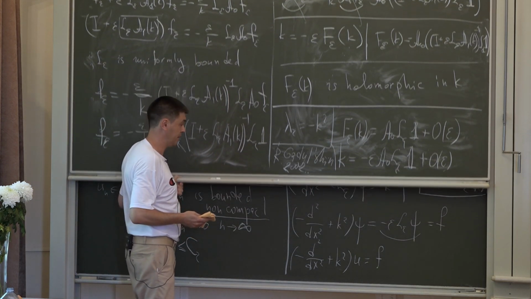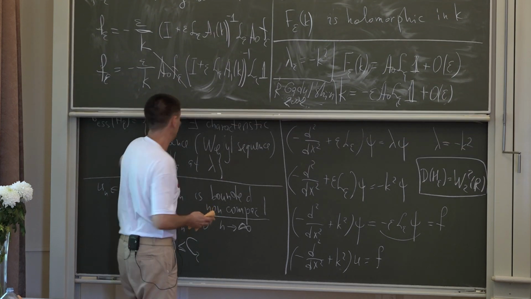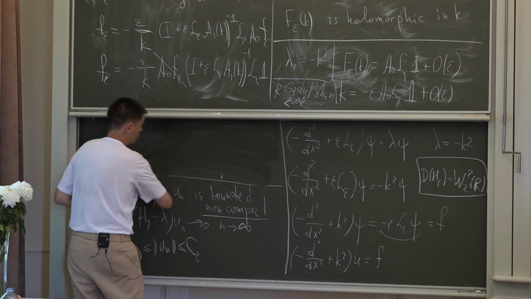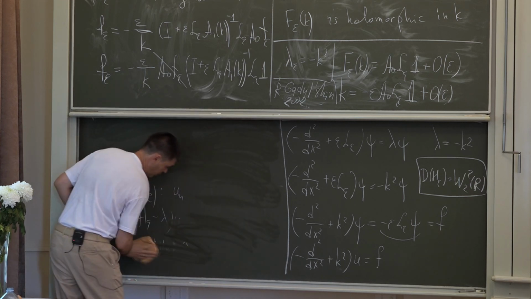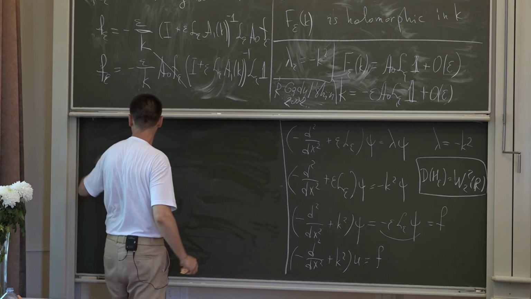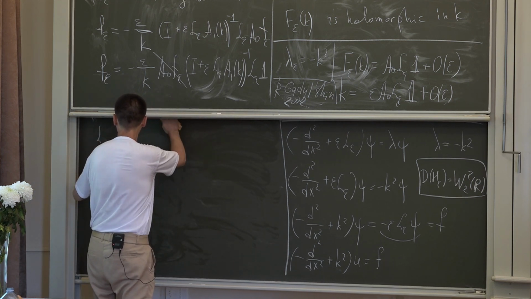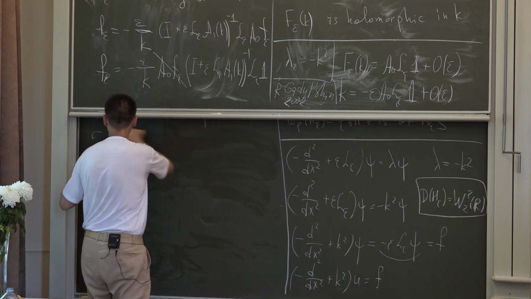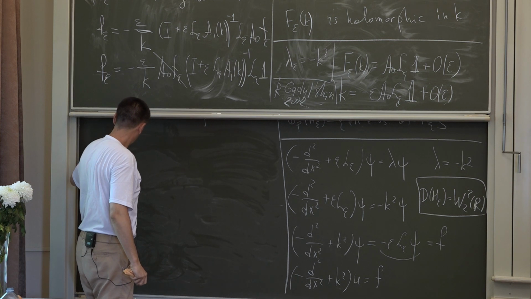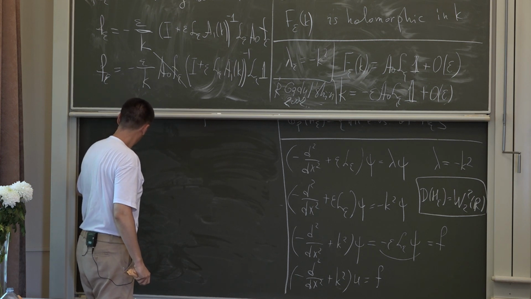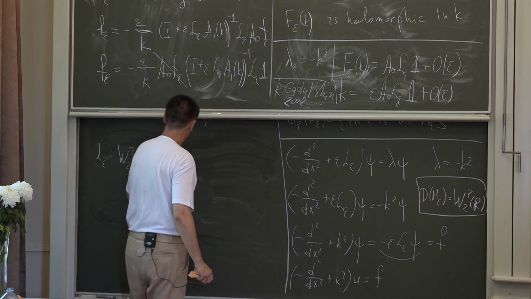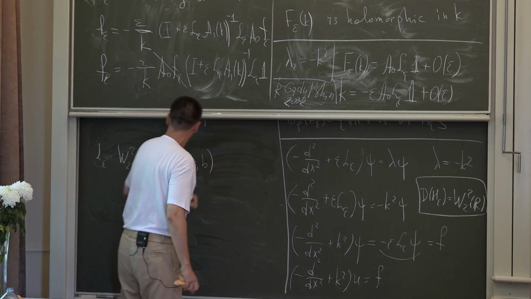So this is the point, and in order to make all these calculations rigorous, we should say something about L epsilon. And what we say is that L epsilon should be an operator acting from W22 of a, b into L2 of a, b.